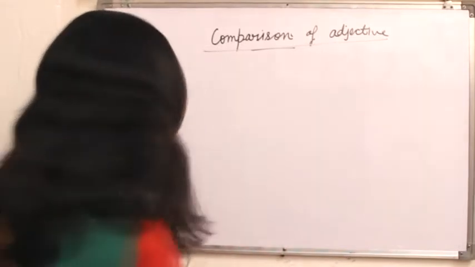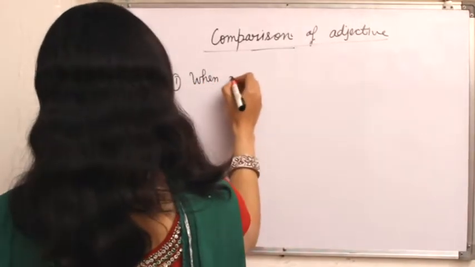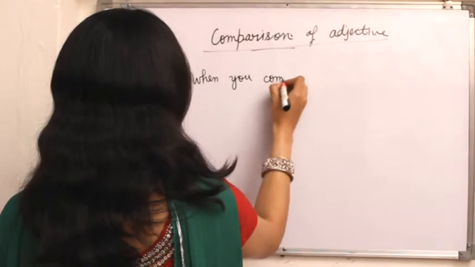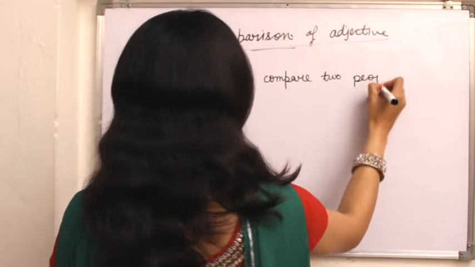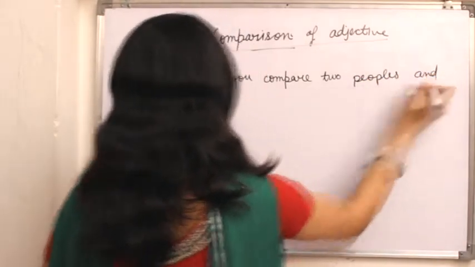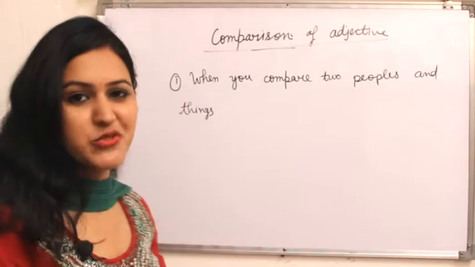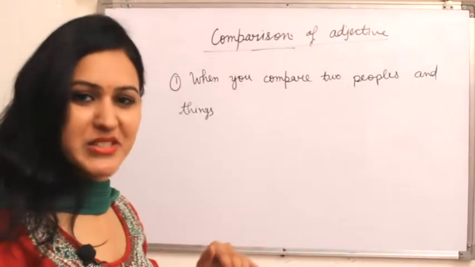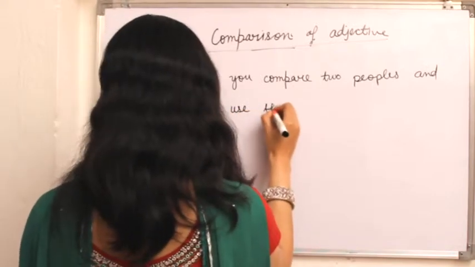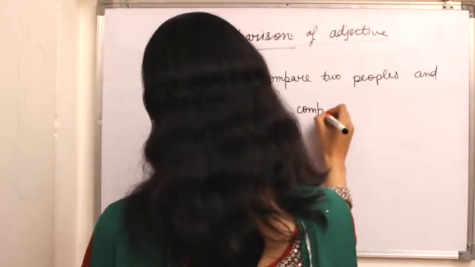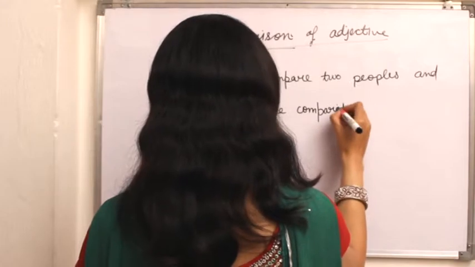So here I write when you compare two people and things, use the comparative form.